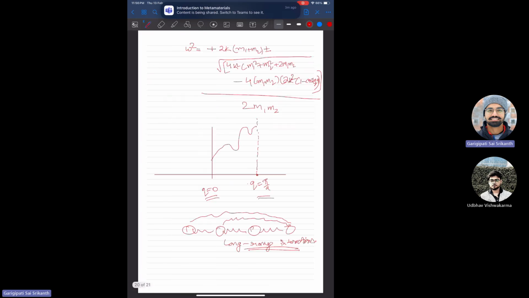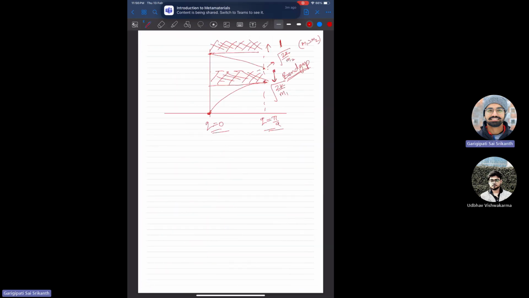This is just by solving this equation. Then this will be 2k times (m1 plus m2) whole divided by m1 m2. Right, so this is the cutoff frequency and this is 0.